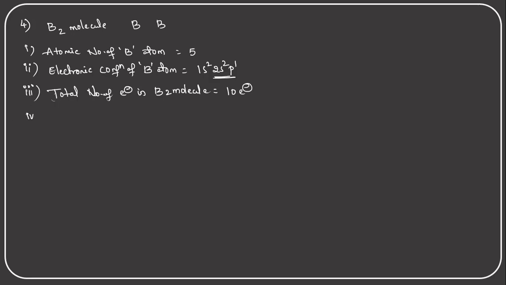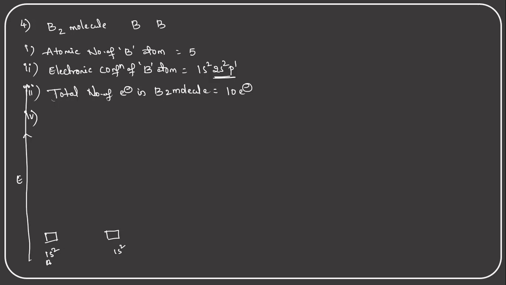And the fourth point will be the construction of the energy level diagram of the boron molecule. So the energy level diagram of the boron molecule will be, so the energy level of the boron molecule. So the energy level here is 1s2, this is for the first orbital, 1s2, and here 1s2.